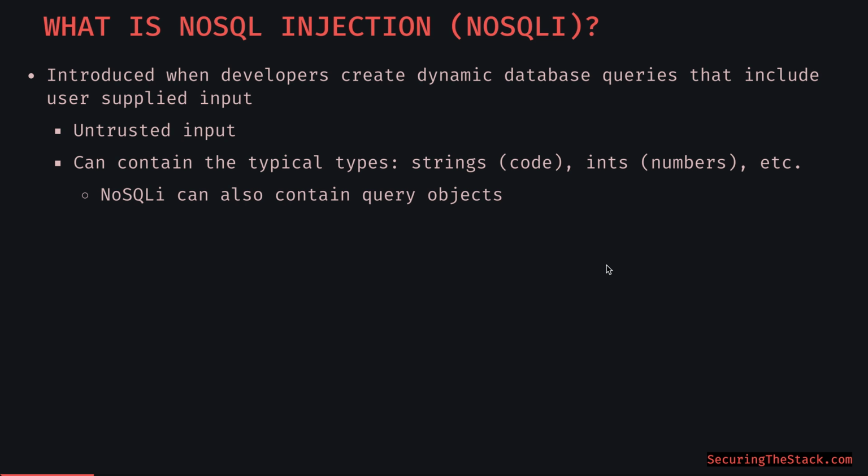But somebody can also push some binary to you, or something encoded in hex, and we're going to see how that can have some interesting ramifications in this one vulnerability with BSON. All I'm saying is that there's a bunch of different types that can come at you outside of the traditional items like strings, ints, etc.